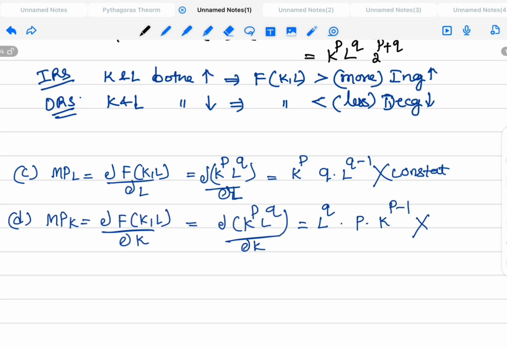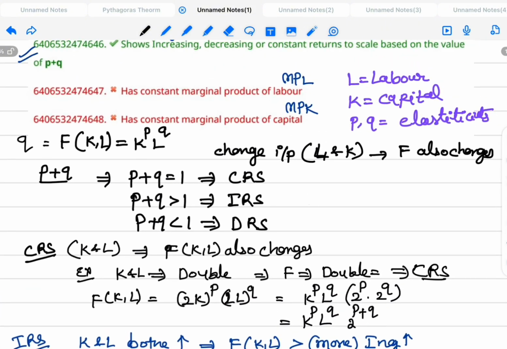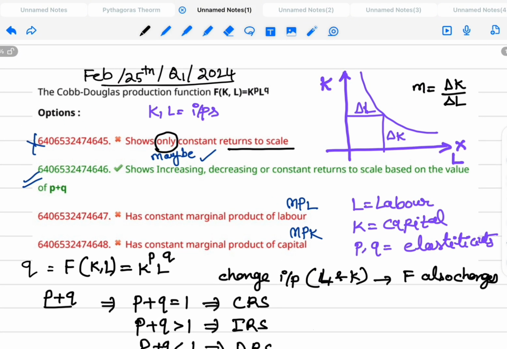It's also not constant. It depends on L and K and the P, Q values. It depends on labor and capital. So options C and D are not correct, as they are not constant values. So option B is the only correct option.